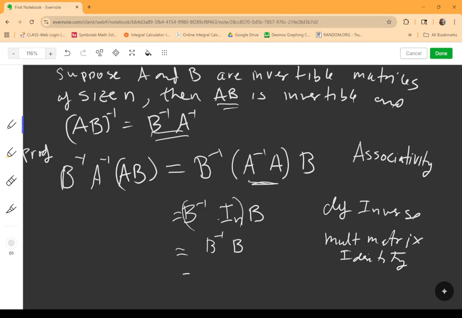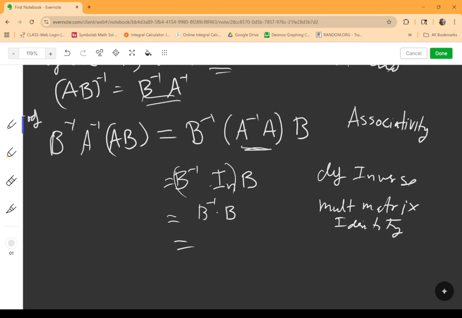And now again, definition of inverses, B inverse times B is I_n. That's just the definition of an inverse.